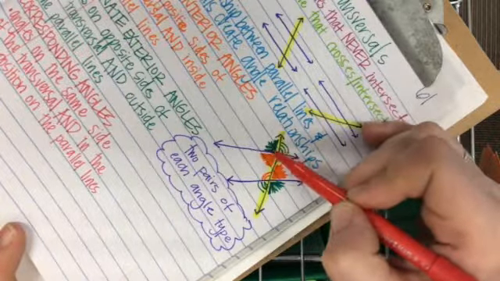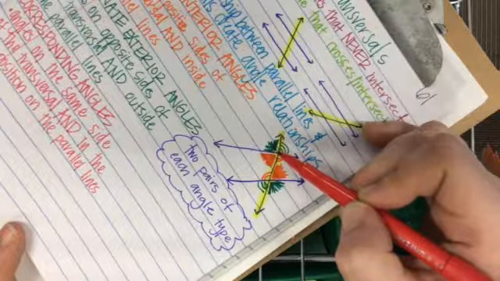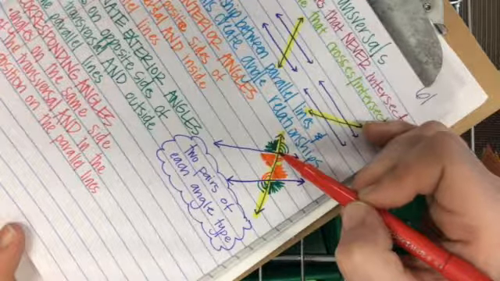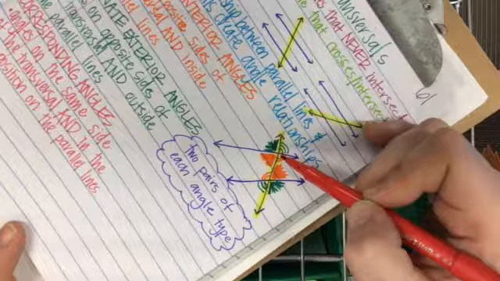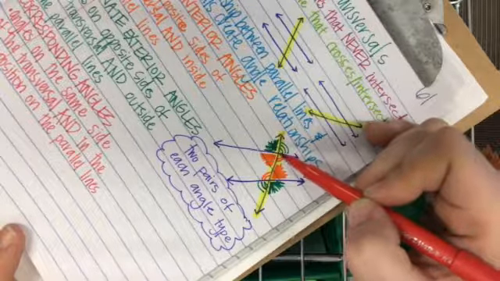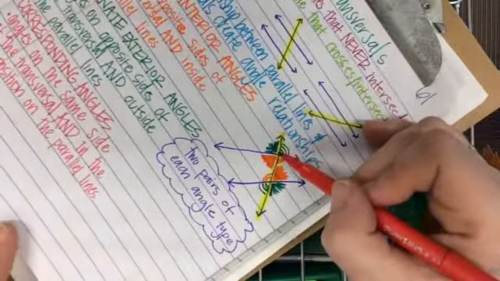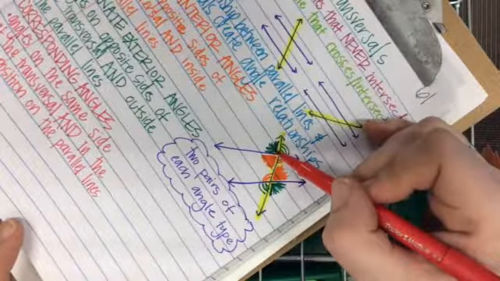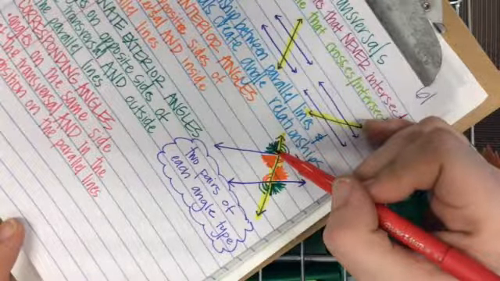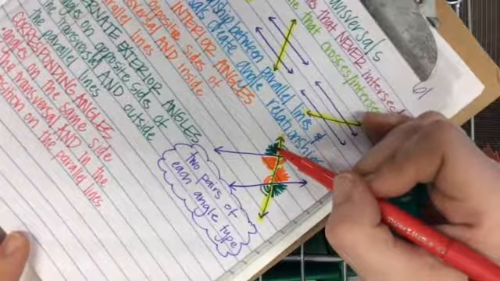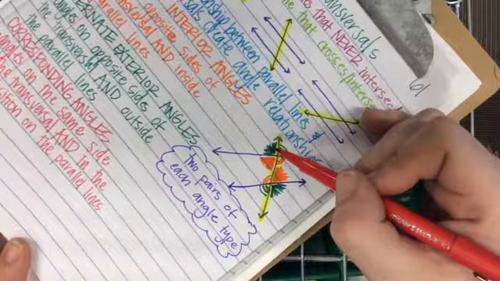What's its relationship to the parallel line? What's its location? It's on the what? Left. It's on the left of the transversal. But what's its relationship to the parallel? On the left parallel. It's on the what? Left parallel. There is no left parallel. The parallel lines are up and down.